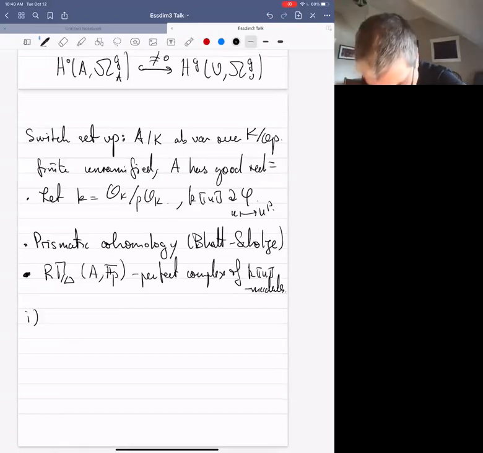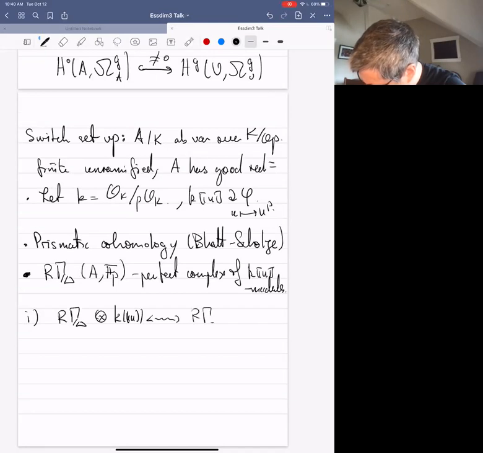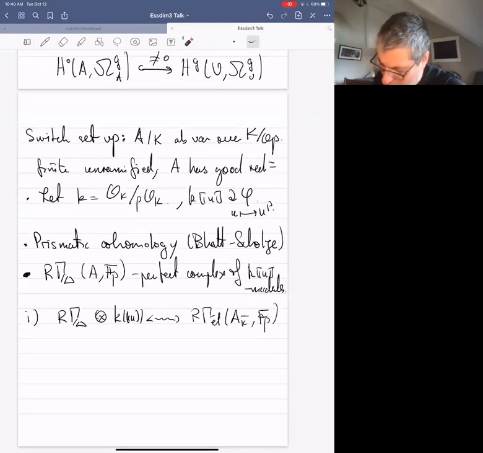So first of all, what I can do is if I look at this complex, and I tensor by the fraction field of my ring, okay, this is related to the étale cohomology of my abelian variety over the algebraic closure. Related means, I didn't want to introduce more notation, but for our purposes, you can think that there's actually an isomorphism after tensoring by some big ring, right?